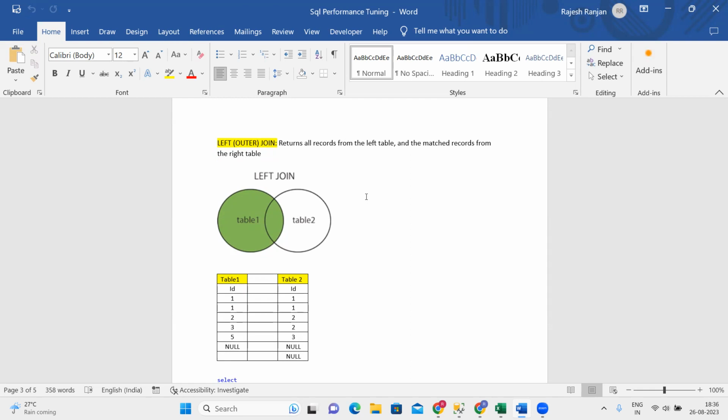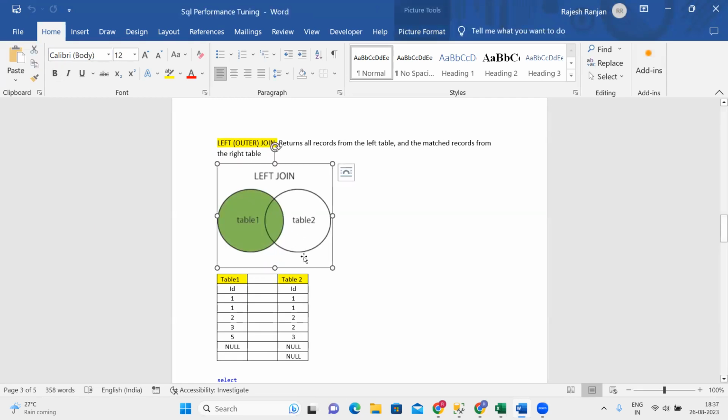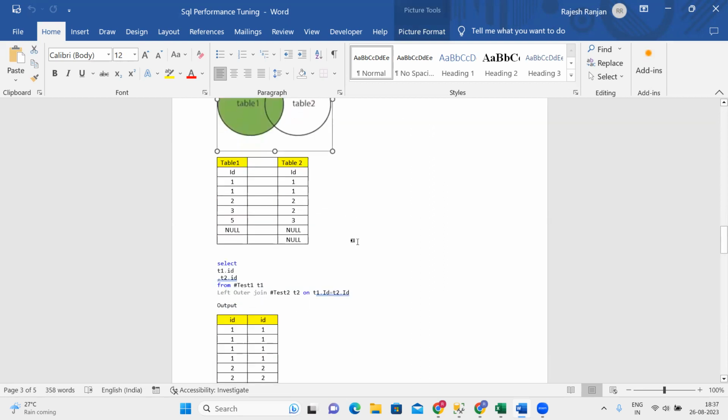When you apply the left outer join, whatever records are present in the left-hand side table, it gives all of them, plus the matching records from the right-hand side table. You can see that in the example: this is the left table, this is the right table. It gives the entire data from the left table and the matching records from the right table.